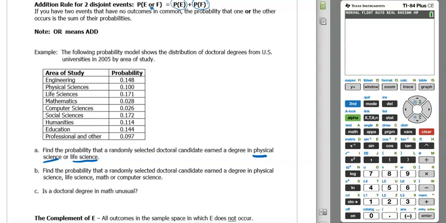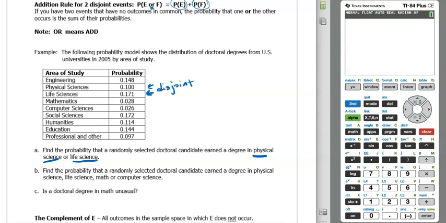Now, we have to kind of infer here, because life science and physical science, these are different things, and so there's really no chance that a doctoral candidate is going to be getting their doctoral degree in two different subjects at the same time. It's going to be either one or the other, and so these would be considered disjoint.